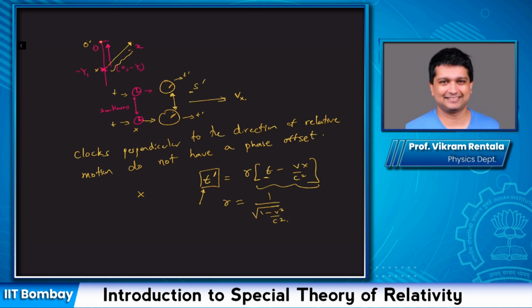What we want to know is, do the tops of the rods also appear to pass each other at that same instant? Now let's suppose we do an experiment by imagining that this rod S prime has a piece of chalk on it, and the rod S has a piece of chalk on it.